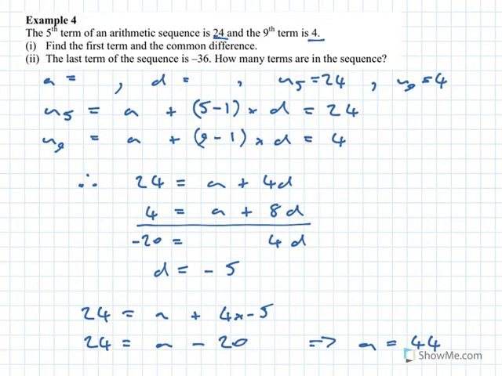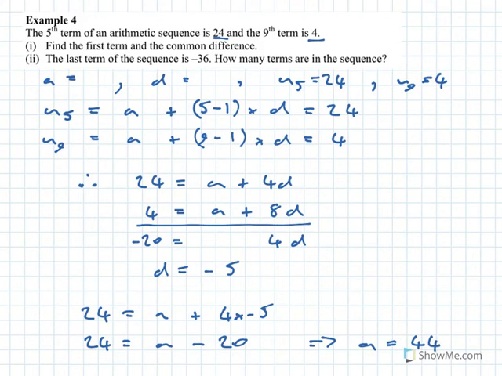So you can double check that this makes sense as well. If the first term is 44 and the fifth term is 24, then you should take away 4 lots of the common difference to get to the fifth term, and that checks out. If I take 5 off 4 times, I do get 24.